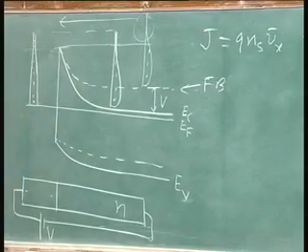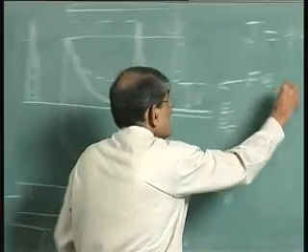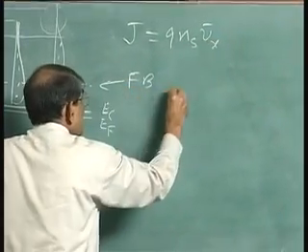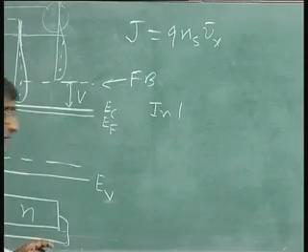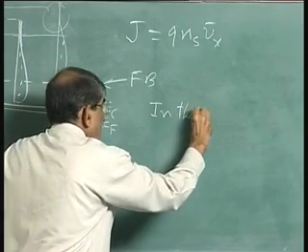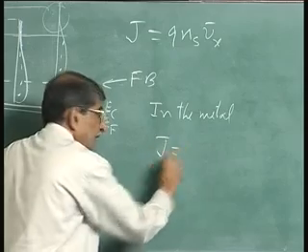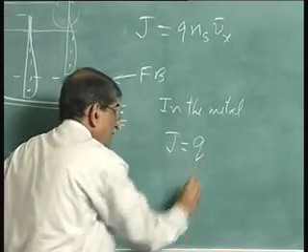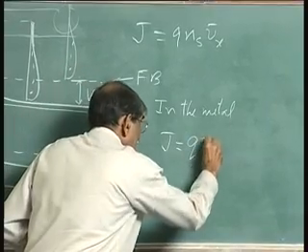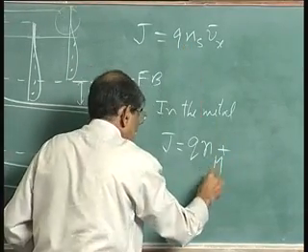When it goes into the metal, what is the current? The same current should flow if all of them are flowing out. That is across the barrier. In the metal, J will be what? q into N in the metal plus whatever N of S is injected, that is negligible.